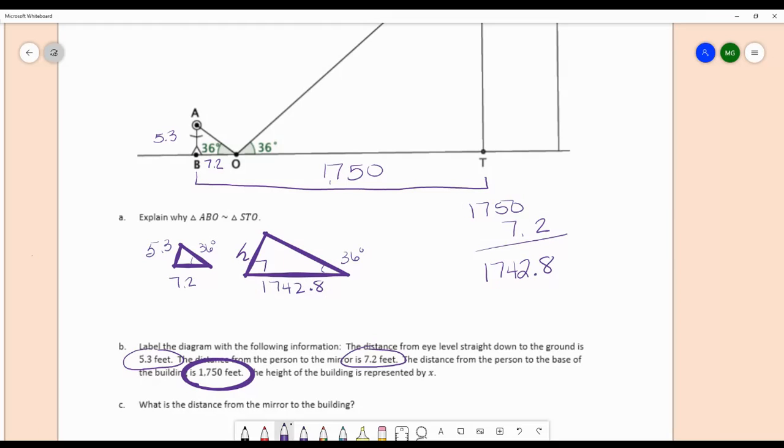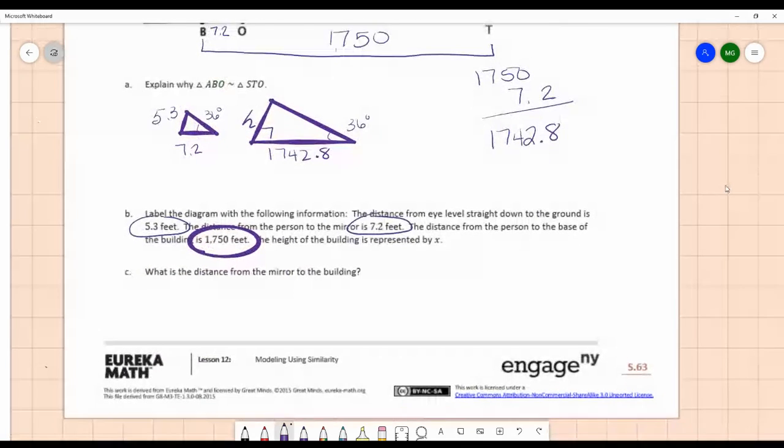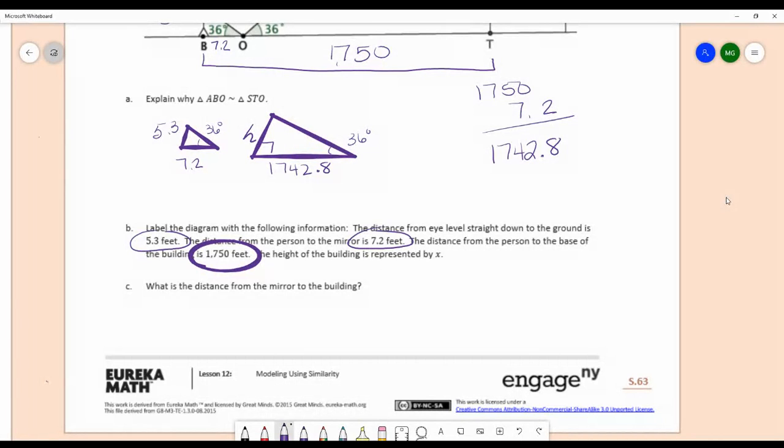And now we can set up our proportion, our ratio. So we can put x, the height of our building. We have x, the height of the building, over the height of our small triangle, equals the distance of the building to the distance of the small triangle.